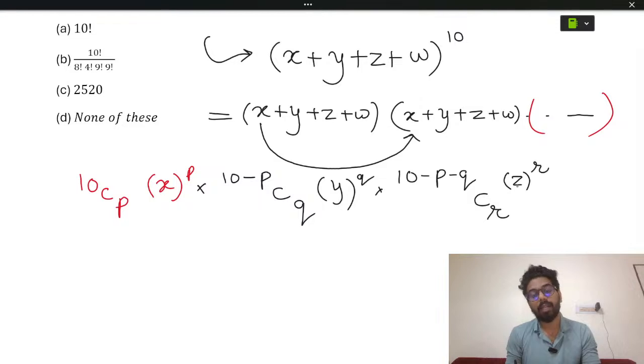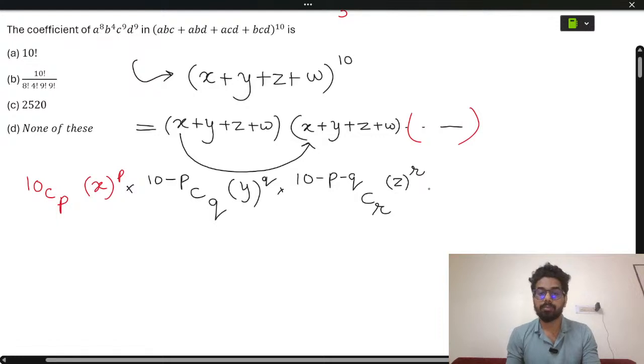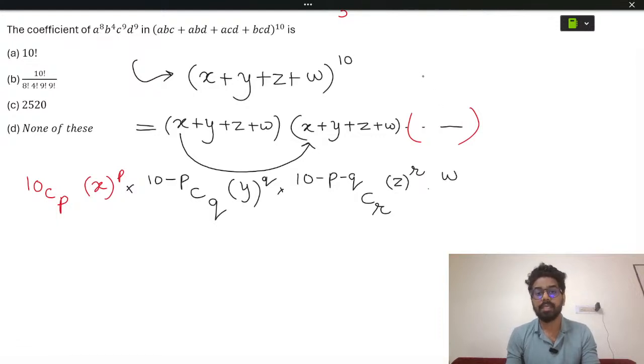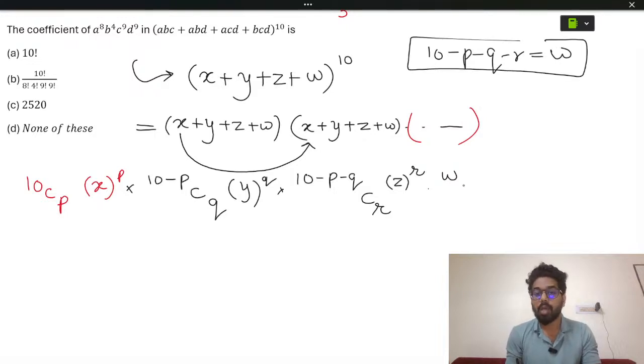So z power r. Now let's suppose the remaining are w's. So what is w actually? W is 10 minus p minus q minus r. I'm saying the remaining one is w. Okay, keep this in mind. Now, not w, let's say s.